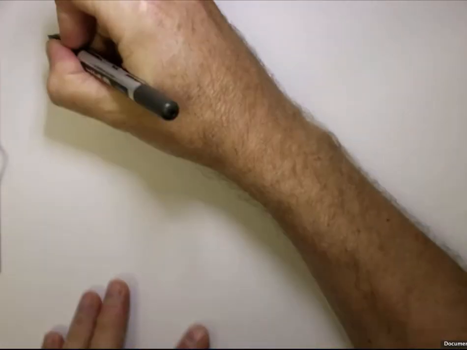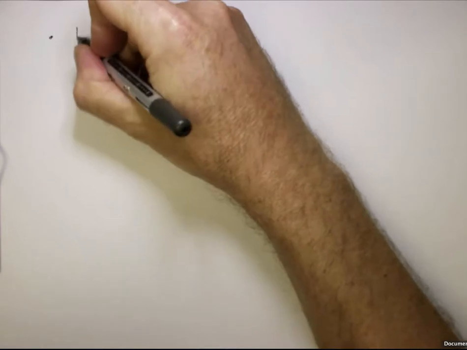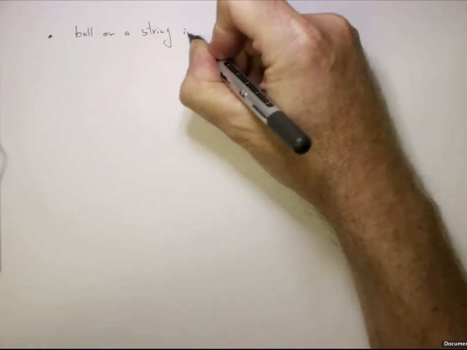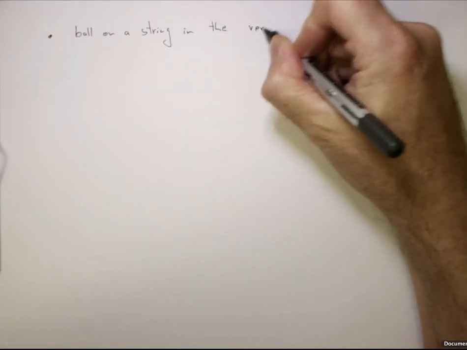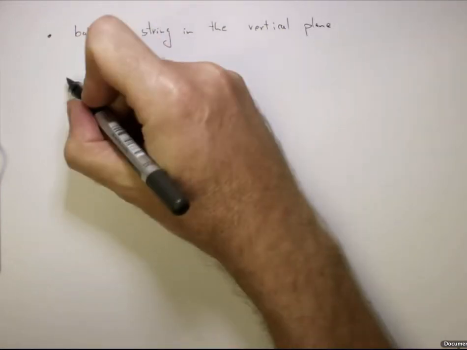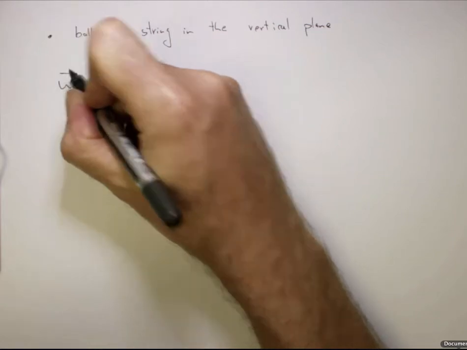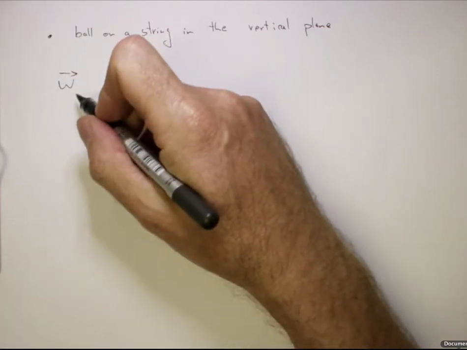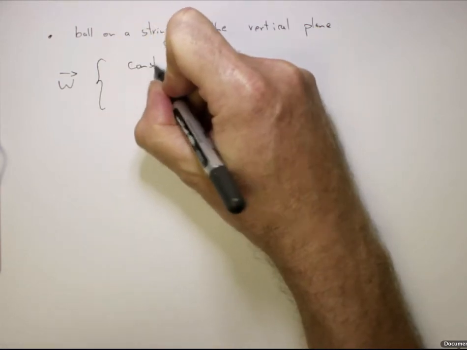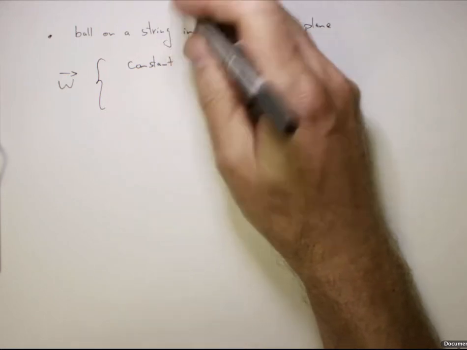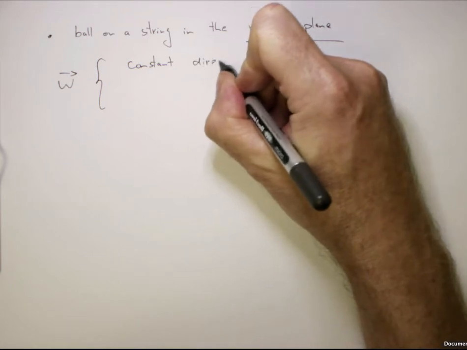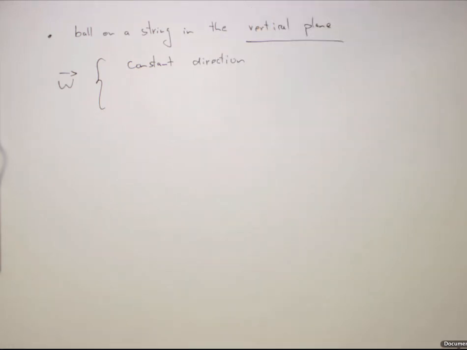So we note that the ball on a string circulating in the vertical plane has an angular velocity omega, which, as we just found out, is a vector that has a constant direction, namely perpendicular, coming out of this vertical plane, but it has a varying magnitude.